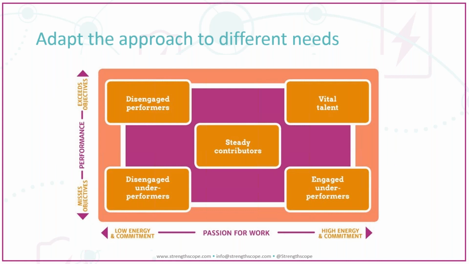And what's really important here is this situational approach where managers have to judge where their employees fall and adapt the technique and approach depending on where their employees fall. And so if we can imagine employees' performance across these two different variables, on the vertical axis their performance, on the horizontal axis their passion or energy for the work, we end up with five categories of employees.